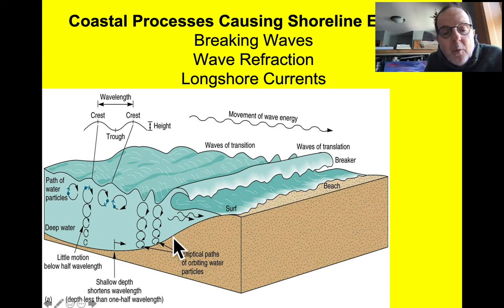So thus we get a wave that comes up and crests. And because the water is also being slowed down, there's friction down here, you get an upward motion, you get a slowing down at the wave base, and you get a building up and a breaking at the top. The breaking because the top of the wave is going faster than the bottom.